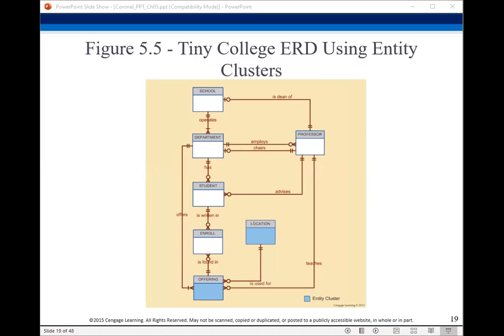It's considered virtual or abstract in the sense that it's not actually an entity in the final entity relationship diagram, but it's a temporary entity used to represent multiple entities and relationships with the purpose of simplifying the ERD. So in blue, we can see we have offerings and location for those offerings, but we want to combine both of those together to create an entity cluster just for convenience.